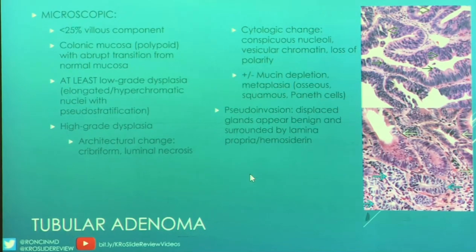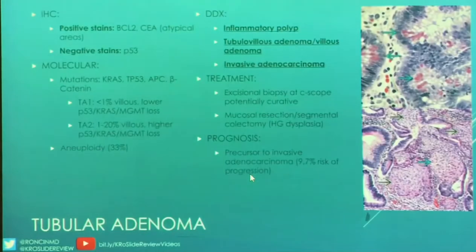So everything around the glands will appear completely benign, which is what the bottom picture is showing. The top picture looks like we have maybe some inflammation as well as loss of polarity. There is some pseudostratification. Looks like they're pointing out some lymphocytes maybe. Hard to tell. They're so clear when I'm looking at them on a single computer screen.